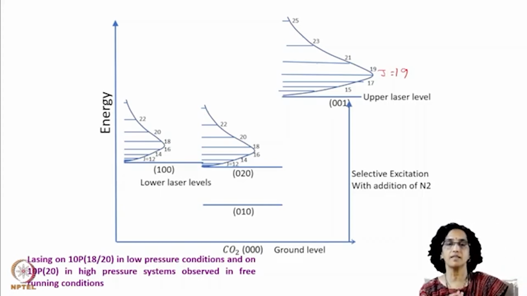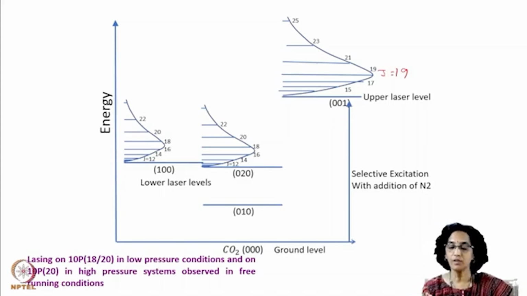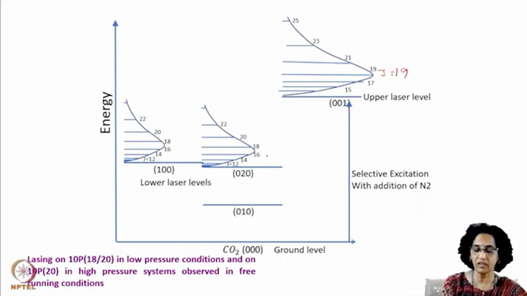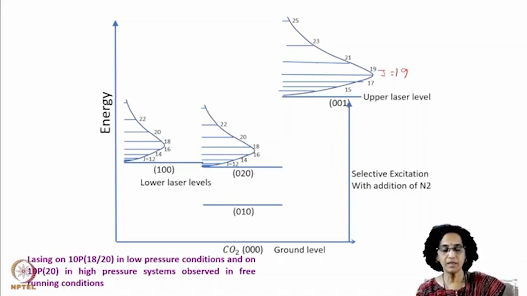This is certain symmetry consideration that comes into play, and therefore these even J levels are not allowed in the upper laser level 001, and odd J levels are not allowed in the lower laser levels, that is 100 and 020. Let us just remember that it is because of certain symmetry considerations that these energy levels are absent in a CO2, right?